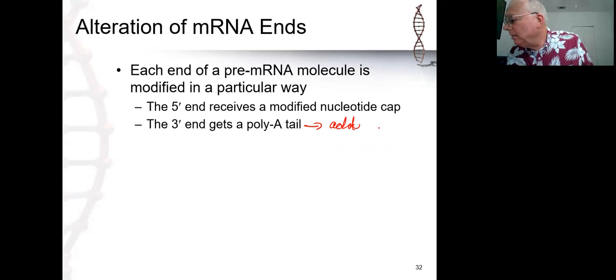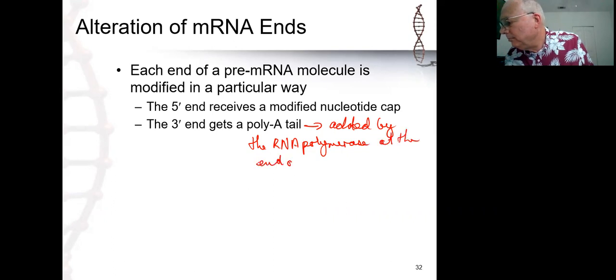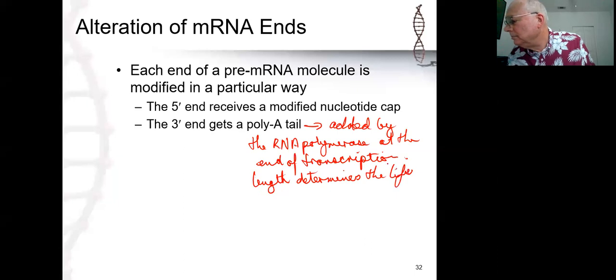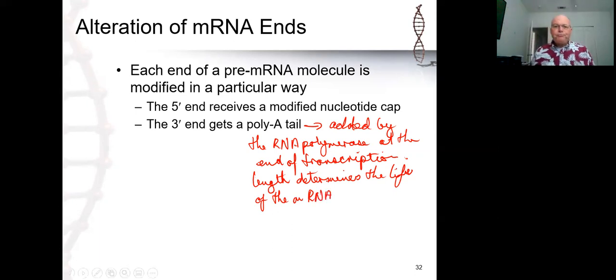So it's added by the RNA polymerase. So the poly A tail is of varying lengths depending on the messenger RNA.